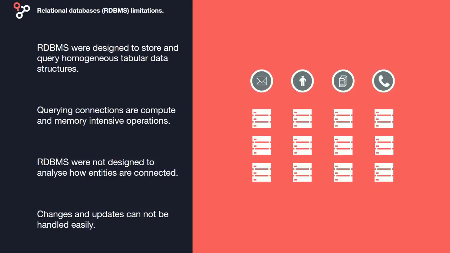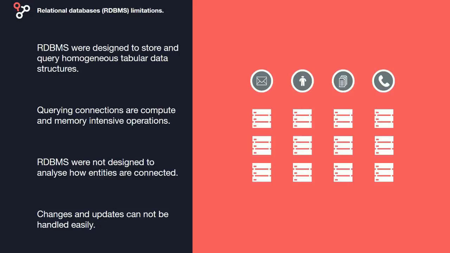With relational databases, it's very difficult to get a full picture of how entities of interest are connected. With their structure, it's complicated to detect connections between entities beyond several hops. And that's because they store highly structured data in tables with predetermined columns of certain types and many rows of the same type of information.